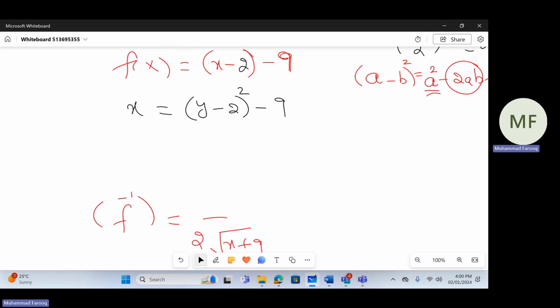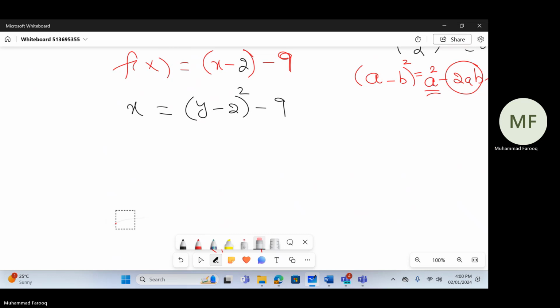So from here, move this minus 9 to this side.